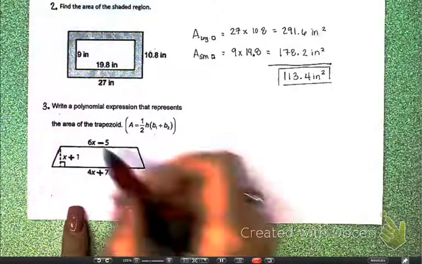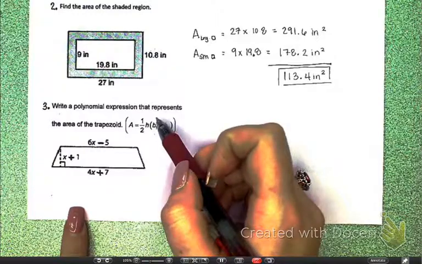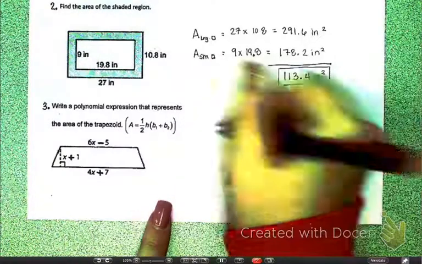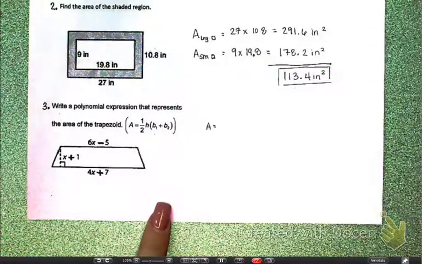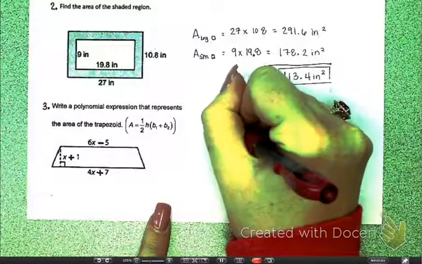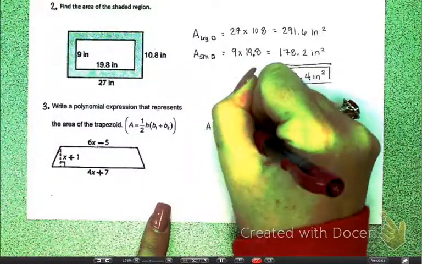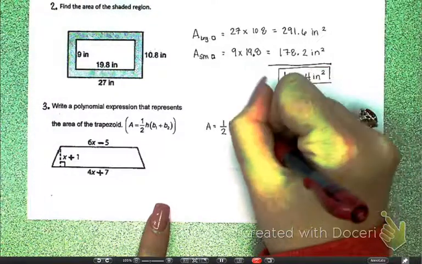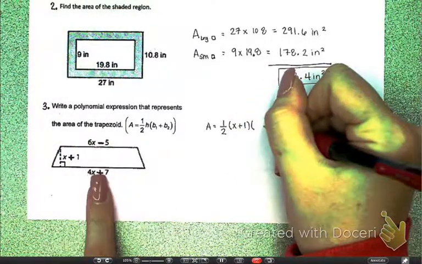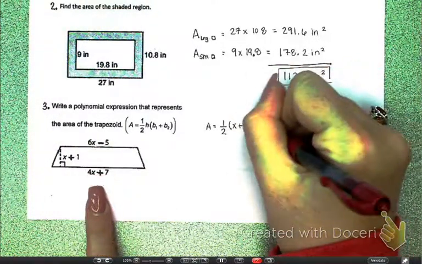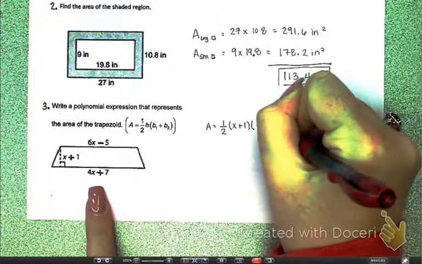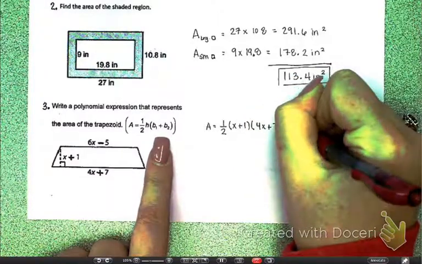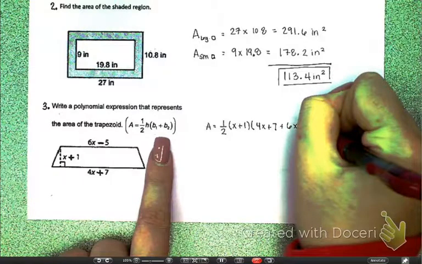So let's plug in these binomials and see if we can simplify. We're going to do it together, but let's plug it all in. So the area equals 1/2 of the height, right, times, and it doesn't matter which one's base 1 or base 2, so I'm going to just say base 1 is the 4x plus 7, plus base 2, which is 6x minus 5.